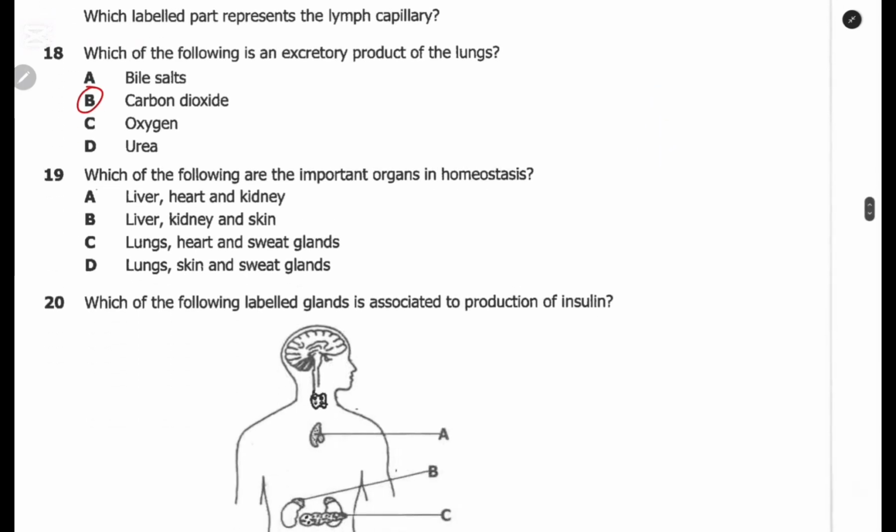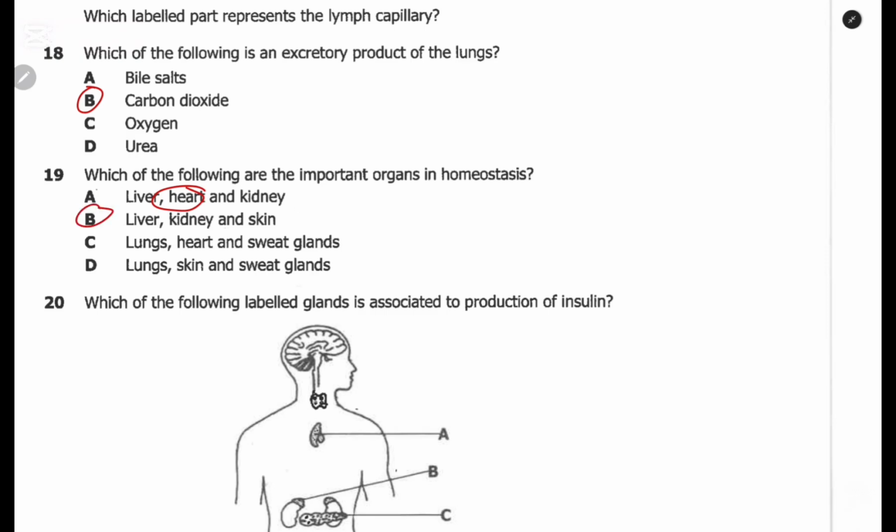Okay. Question 19, which of the following are the important organs in homeostasis? So which of the following are important organs in homeostasis? A, we have the liver, the heart, and the kidney. Okay, the liver, yes, but the heart, is it? No. The liver, the kidney, and the skin.